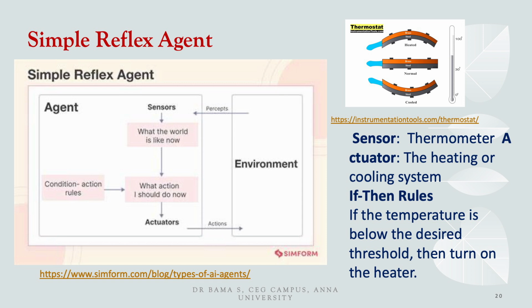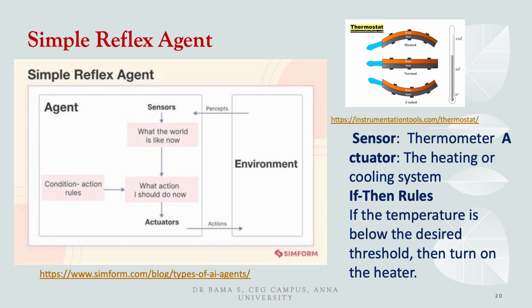Now, what is the process that goes on inside? The process is very simple: what the world is like now, and based on that what action I should do now. This can be done as a simple reflex agent, and the helping criterion is that we can have simple if-then rules to decide the action.